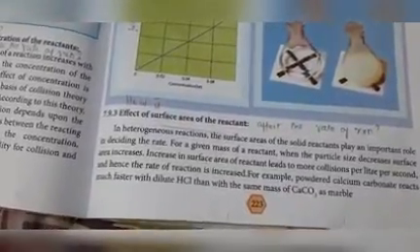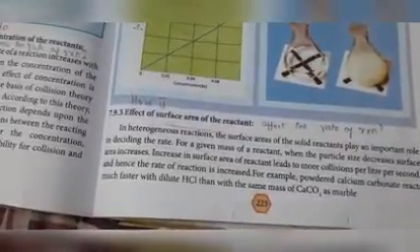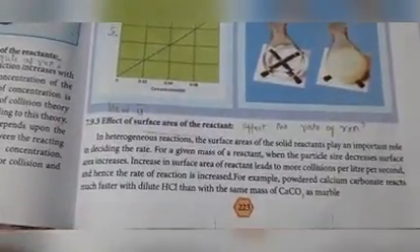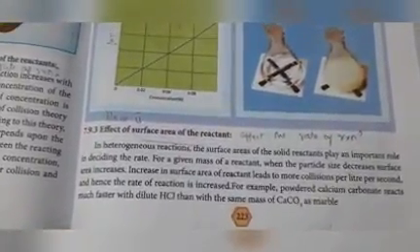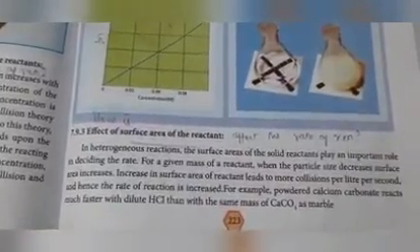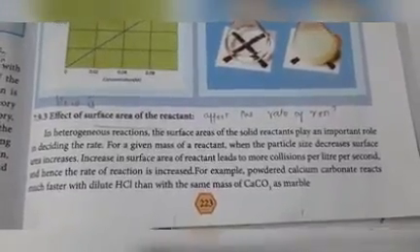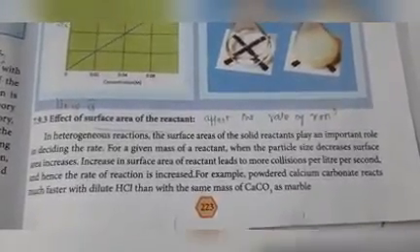Each and every particle has surface area, so the total surface area of the smaller particles is greater than that of larger particles. So, small particle size means greater surface area. That is only for a given mass of the reactant: when particle size decreases, surface area increases.